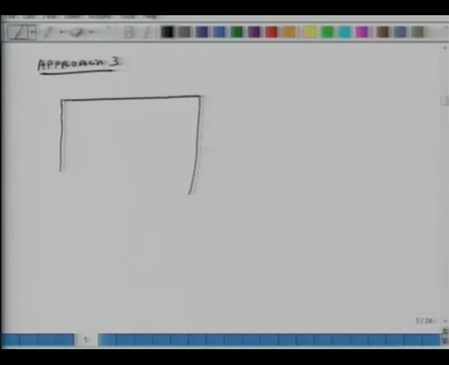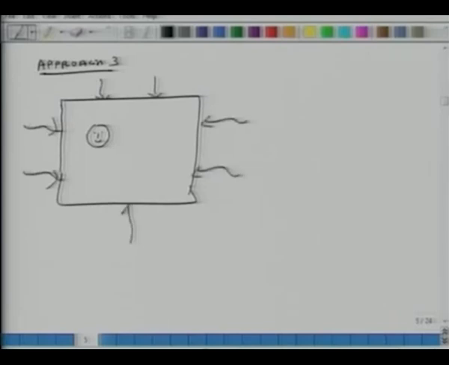A third approach is something like this. So approach 3 is such that there is a room, you have the individual sitting here, and let us say a noise is coming from all directions, right. So again the noise is distributed.